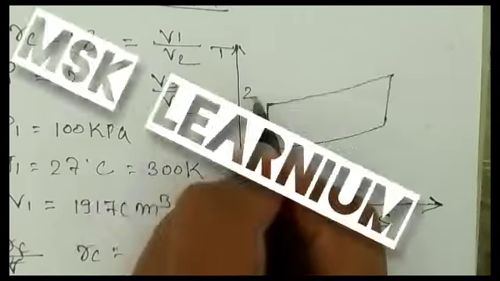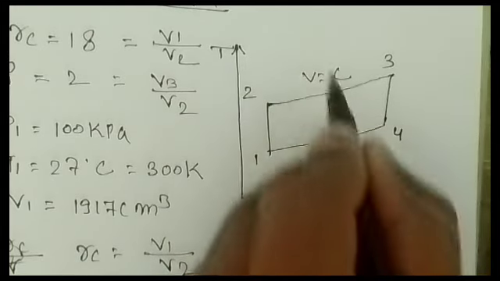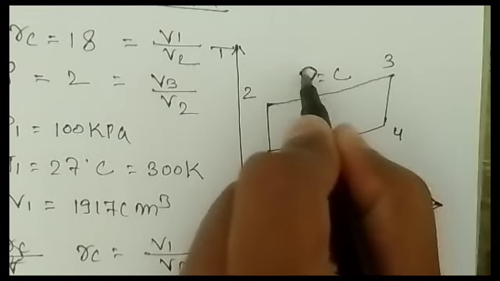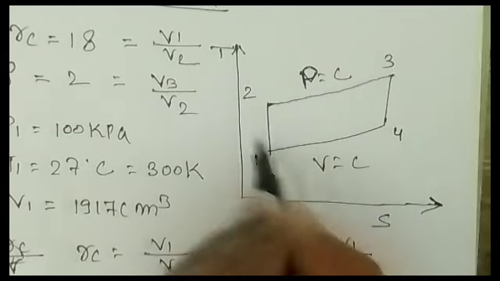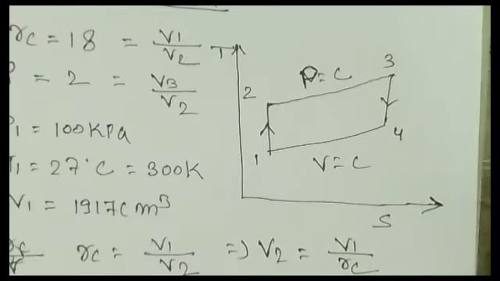So 1, 2, 3, 4. Here the pressure is constant, and here the volume is constant. This is adiabatic compression and adiabatic expansion. So we have drawn the TS diagram.